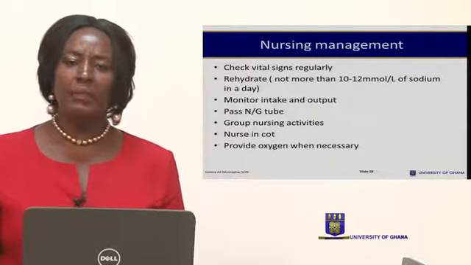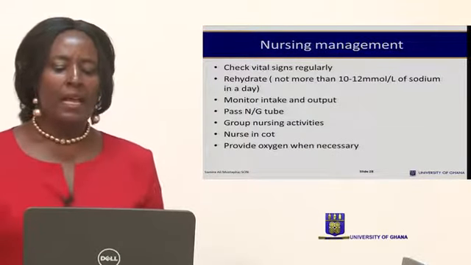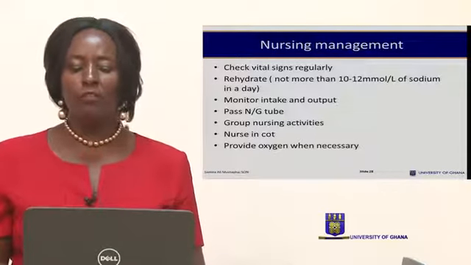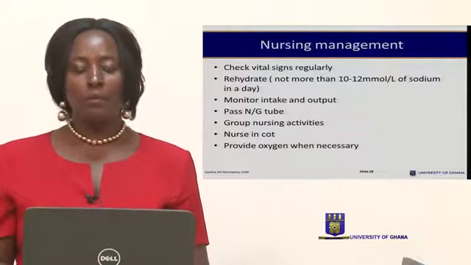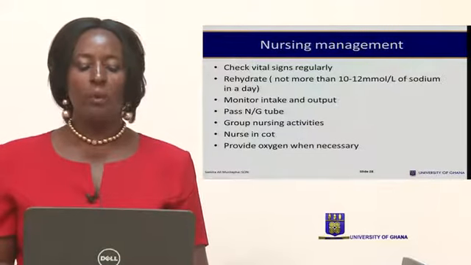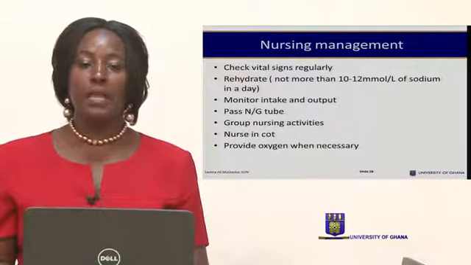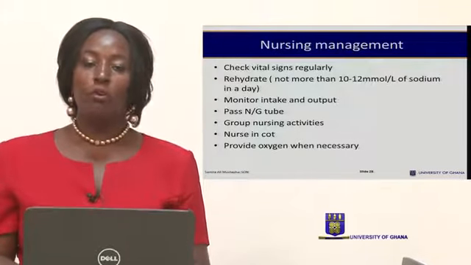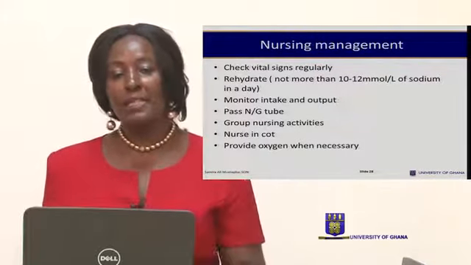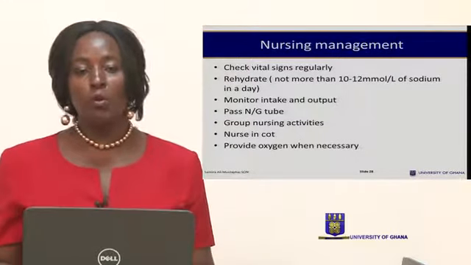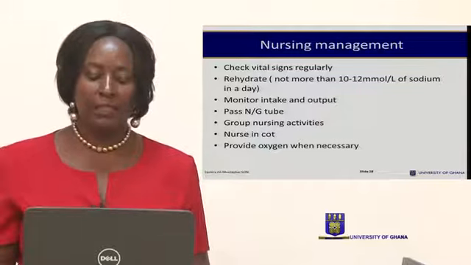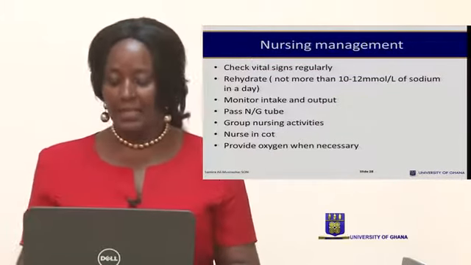So it's important that we check the vital signs and also rehydrate, not more than 10 to 12 millimole of sodium per day, and also monitor the intake and output, pass an NG tube, and group all our nursing activities, because we said there is weakness, so that we promote rest and then nurse the baby in the cot, raise the side and prevent falling, and provide oxygen where necessary.